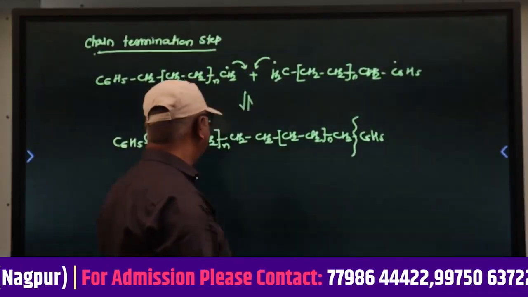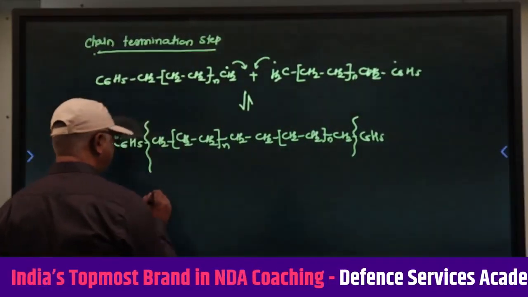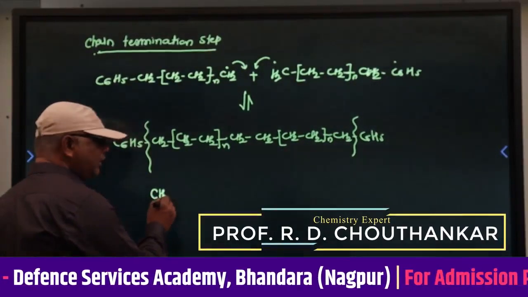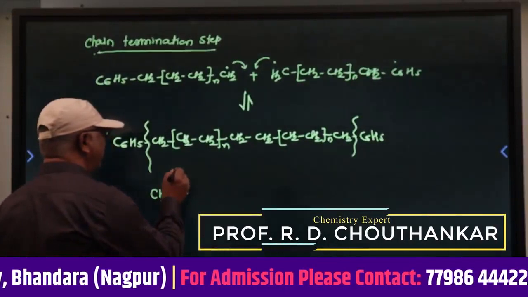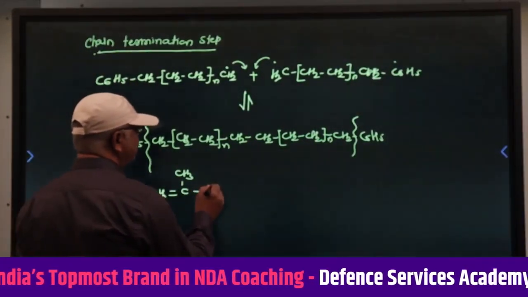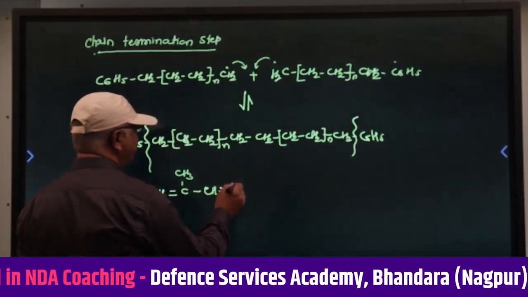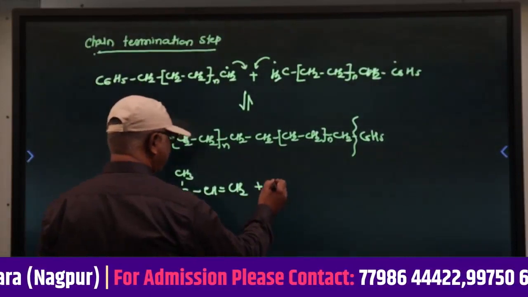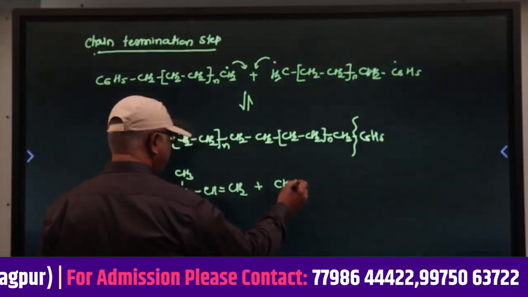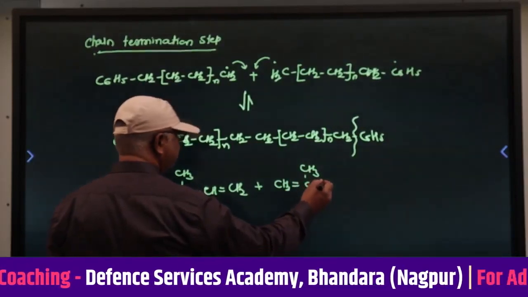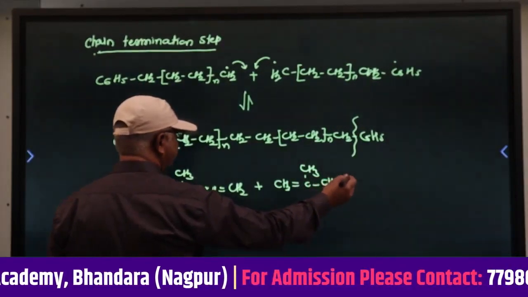You know what is isoprene? Isoprene is CH2 double bond C single bond CH3 single bond CH double bond CH2. Such n numbers are present.